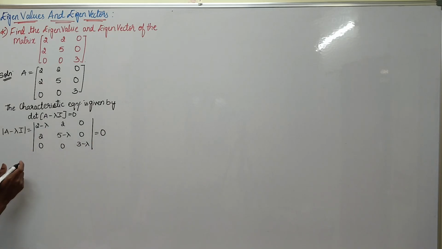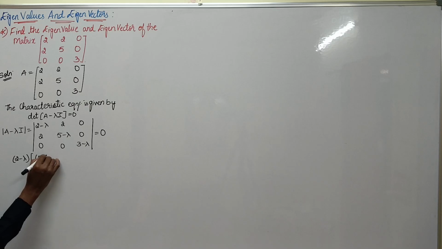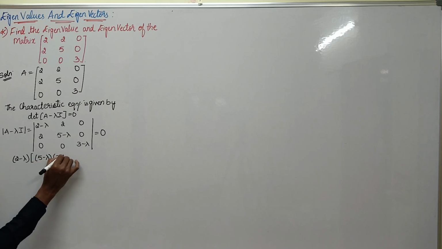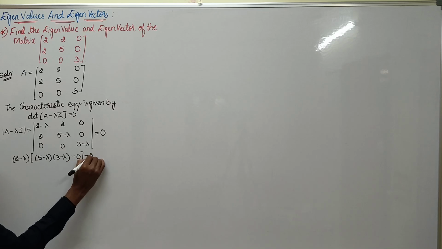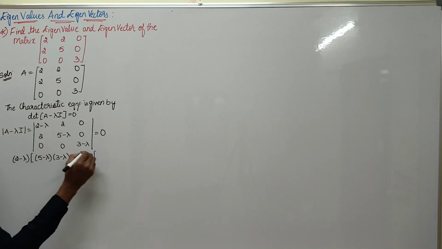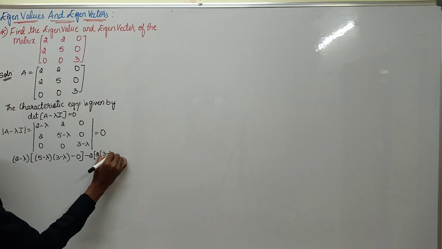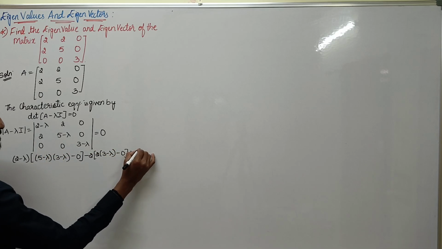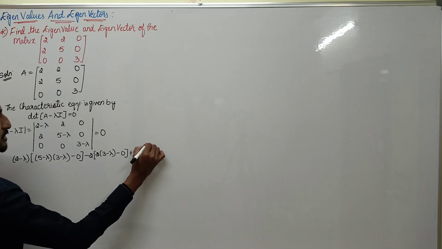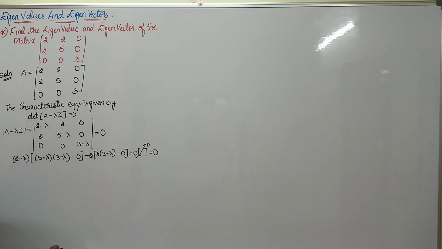Done. Now do the determinant matrix multiplication. 2 minus lambda into 5 minus lambda into 3 minus lambda, minus 2 into 2 into 3 minus lambda, plus 0 into anything, the whole term will be equal to 0. So this is equal to 0.